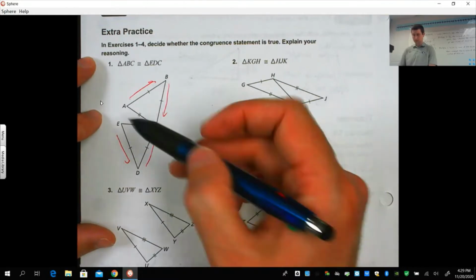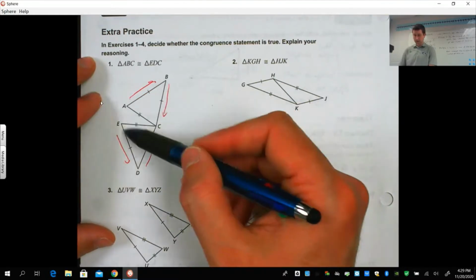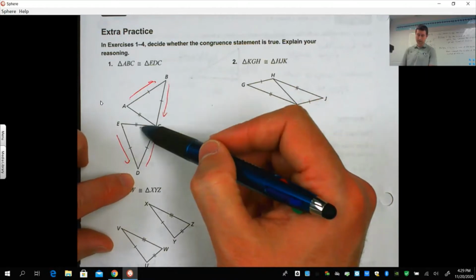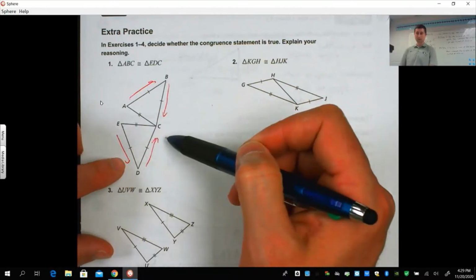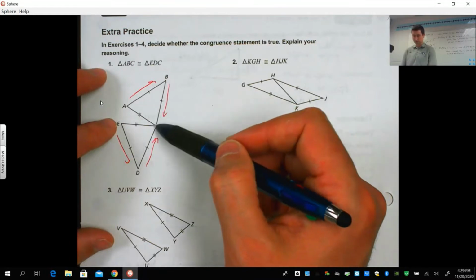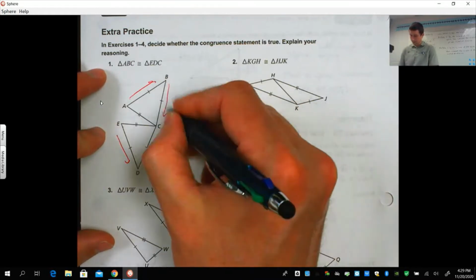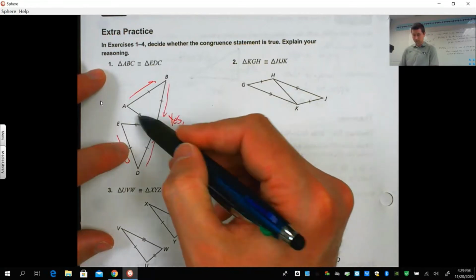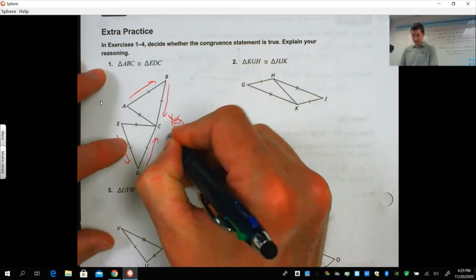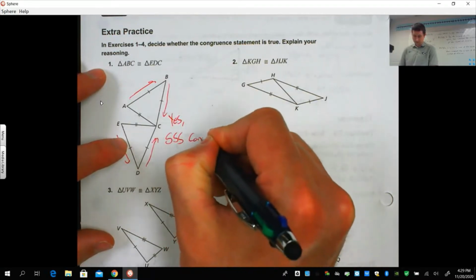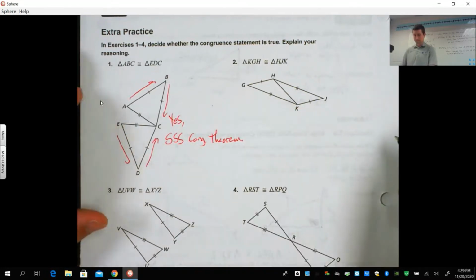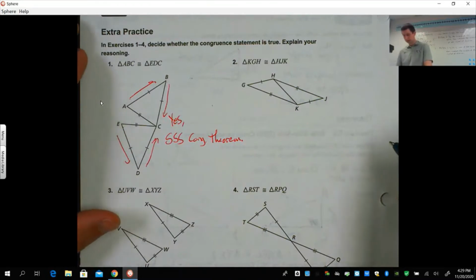That looks to be in the right order. A to B matches E to D. D to C matches B to C, and these two are the same right here. These look like reflections, rotations of each other around point C. So we would say yes, and the reason is the side, side, side congruence theorem. You see the congruent sides.